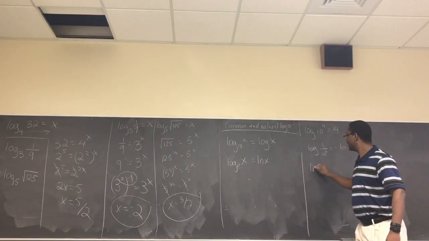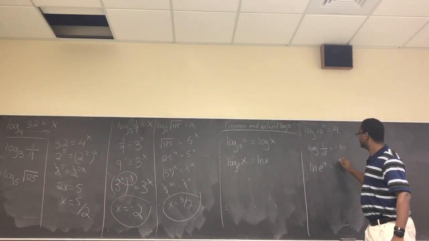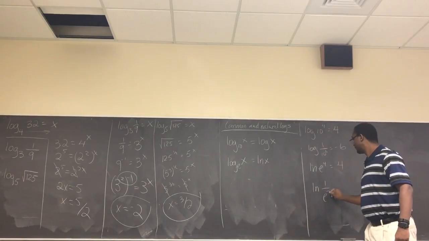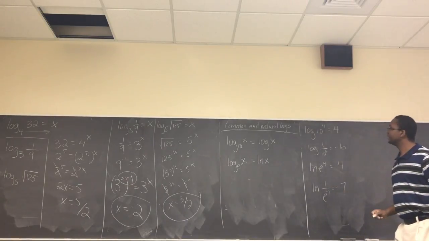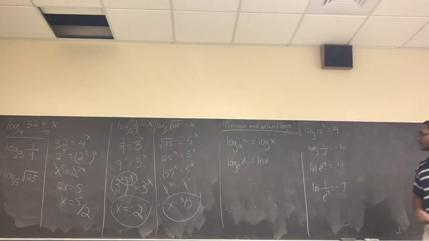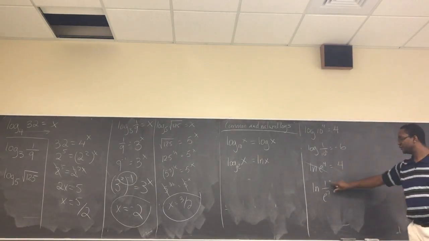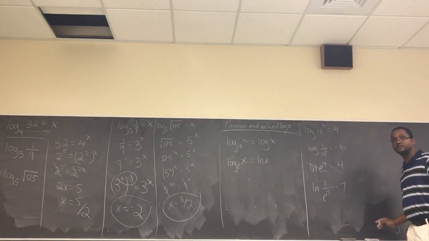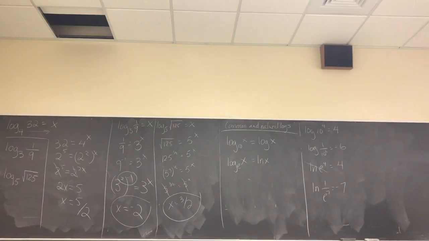If I have ln of e to the 4th power, the answer is going to be 4. If I have ln of 1 over e to the 7th power, the answer is going to be negative 7. Because the log and the 10 cancel out, and after you flip this, the power becomes negative, and then the ln and the e cancel out.